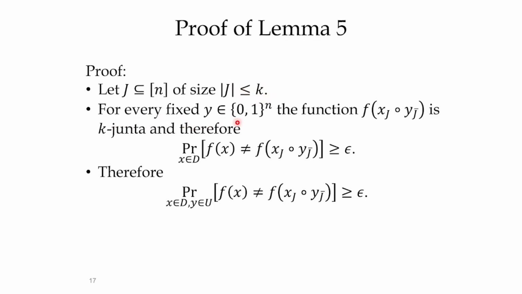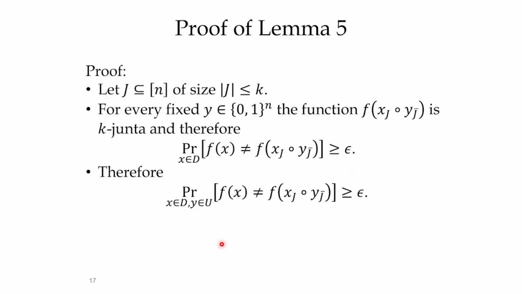For every fixed y, which is a Boolean vector with the length n, the function f of x_J concatenated with y_J̄ is a k Junta, and therefore the probability, where x belongs to D, that f(x) is not equal to f(x_J concatenated with y_J̄) is greater or equal to epsilon.